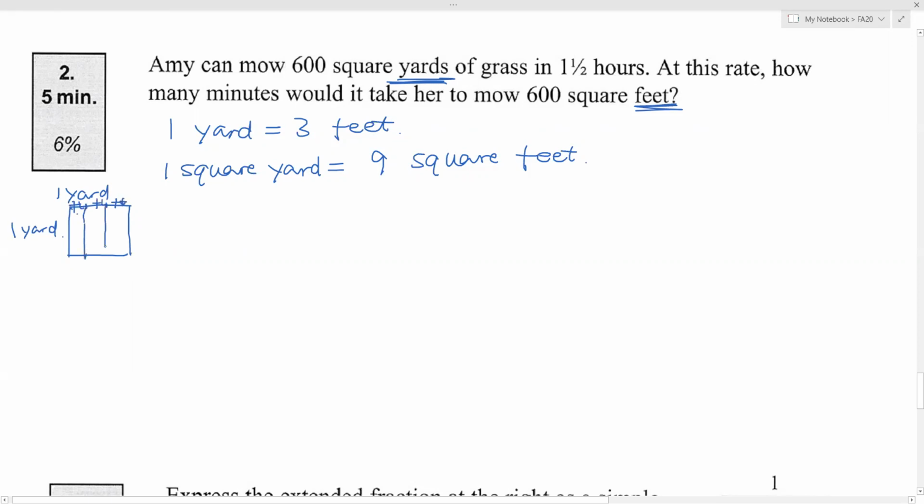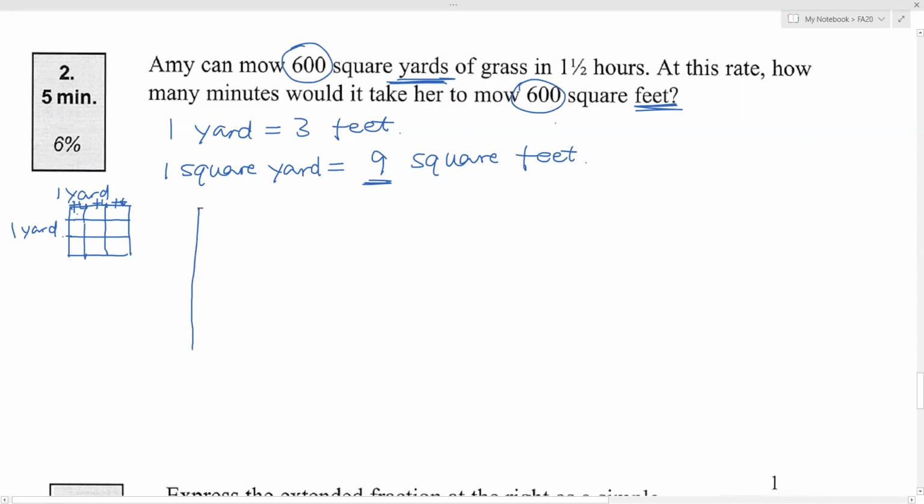When we do that, how many square feet are there in a square yard? We have to do 3 times 3, right? 9 squares. Very good. That's the only trick here. So when we know that the conversion factor is 9, then what do we do here? It's the same number, guys.